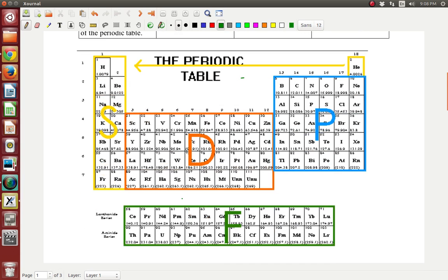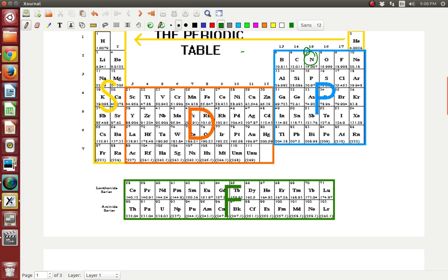So nitrogen, I'm going to go up here and look. Let's find nitrogen on my chart. And here's nitrogen, element number 7. The electron configuration is going to be 1s2, 2s2, and this is still energy level 2, 2p3.